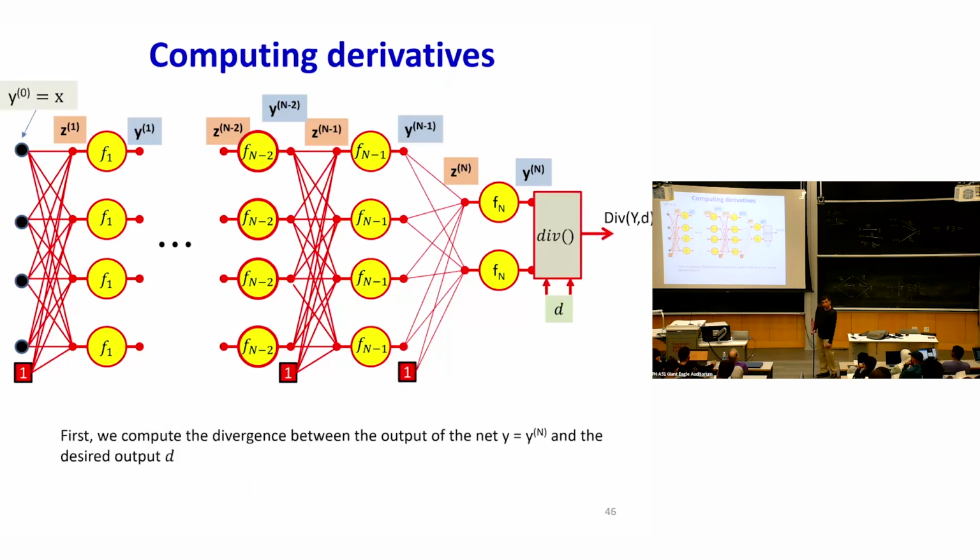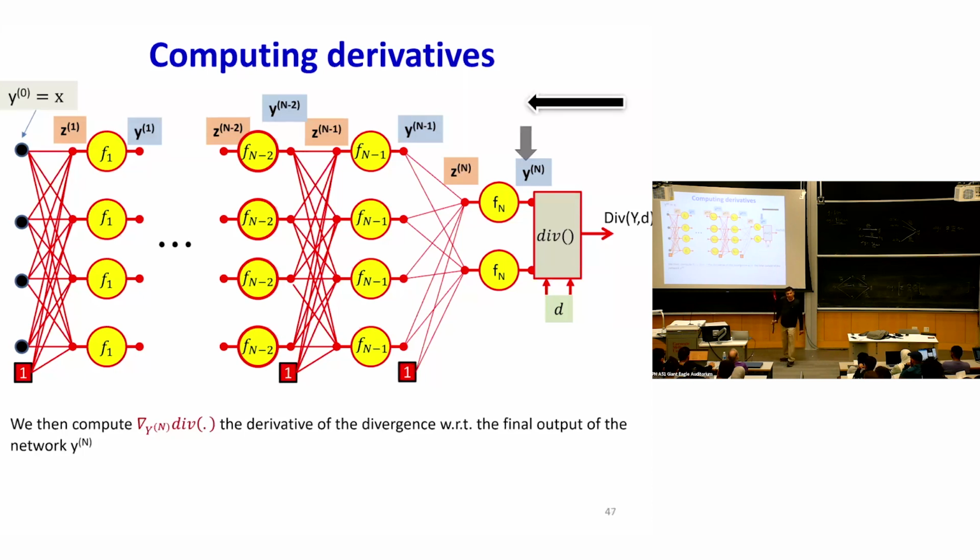Now the way we will compute derivatives is as follows. We'll start off by first computing the divergence between the actual output of the network and the desired output. Then we take a step back and determine how much perturbing the output of the network will perturb the divergence. So that's going to give us the derivative of the divergence with respect to the output of the network.